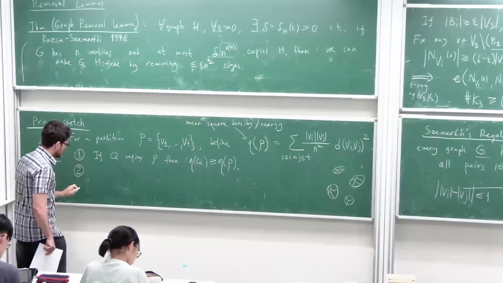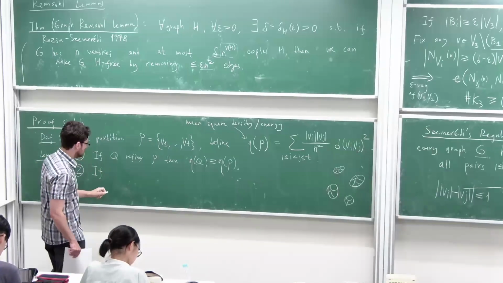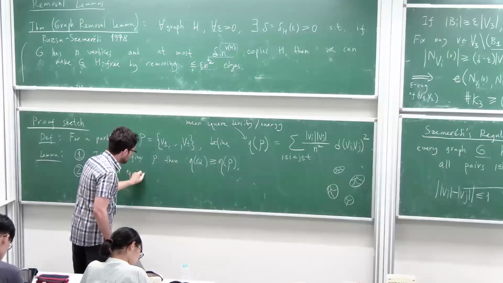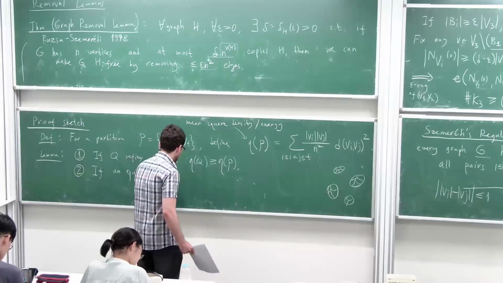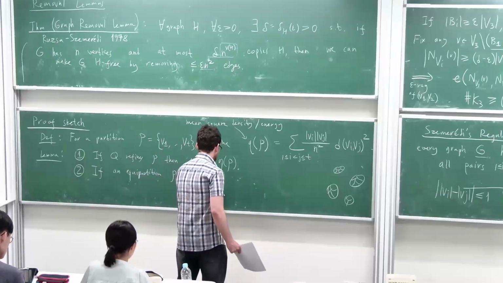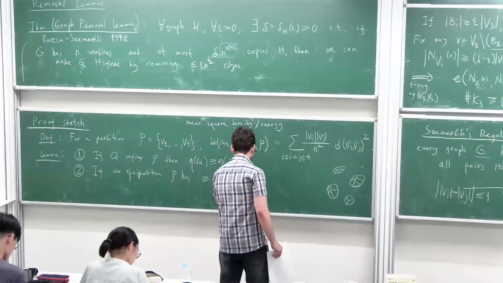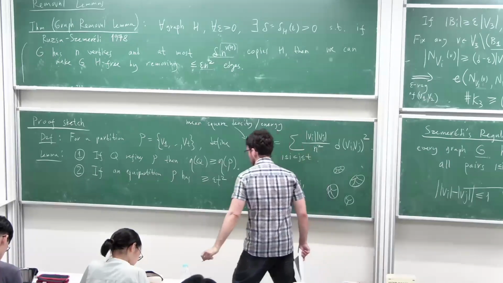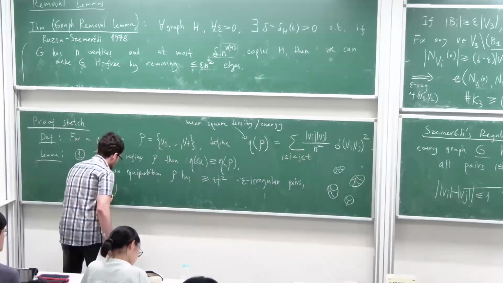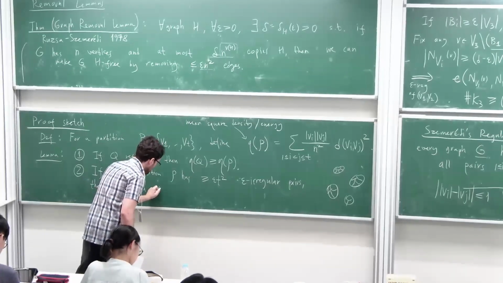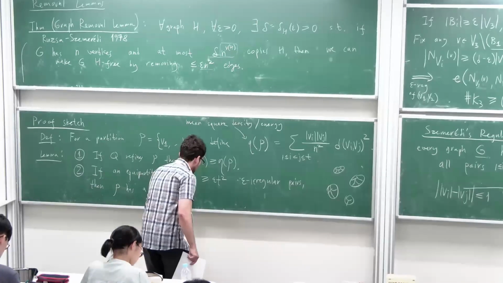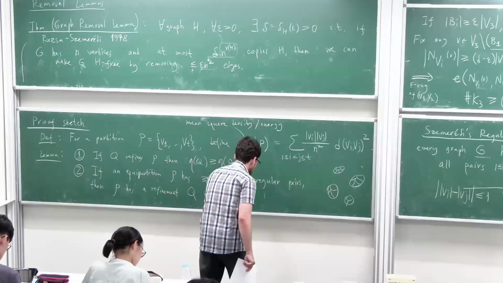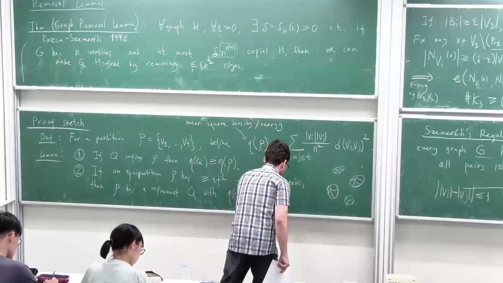And the second important property is that if a partition P has at least epsilon t squared epsilon irregular pairs, then P has a refinement Q such that the energy of Q is at least the energy of P plus a constant times epsilon.